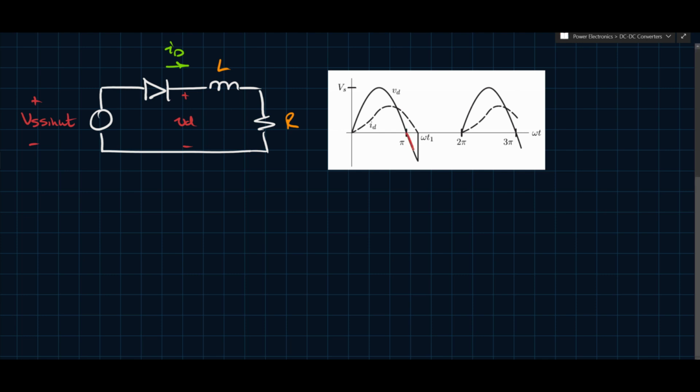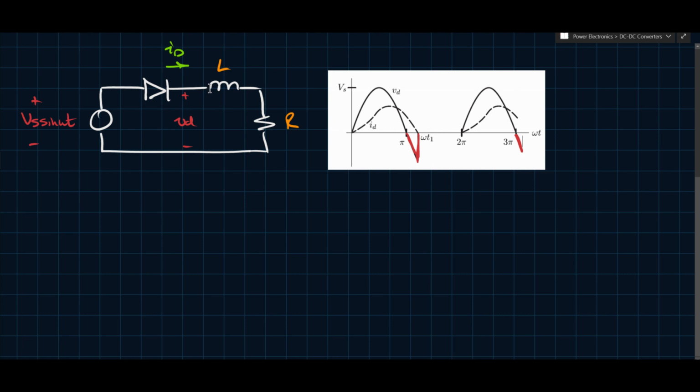One is that this voltage goes negative, and this voltage here goes negative. So you'll notice VD is no longer constrained to be positive. Now why does that happen? Because when this diode turns off, the simplest thing is that you can't force an inductor's current to go to 0 instantaneously, right?